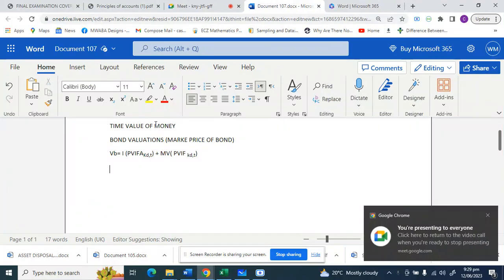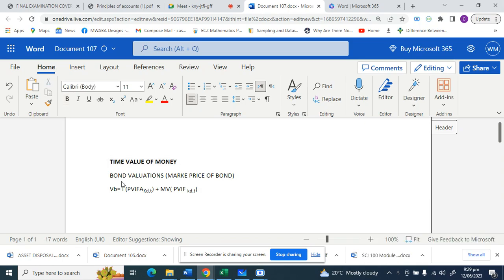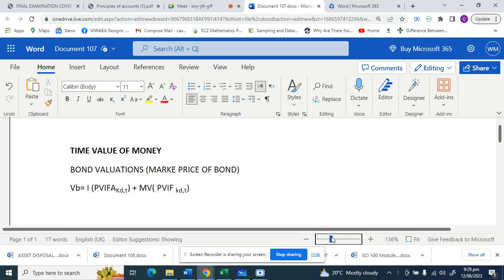All right, so still on time value of money, we're looking at bond valuation, finding the market value of a bond. We've been given this formula here. I represents the interest payments.